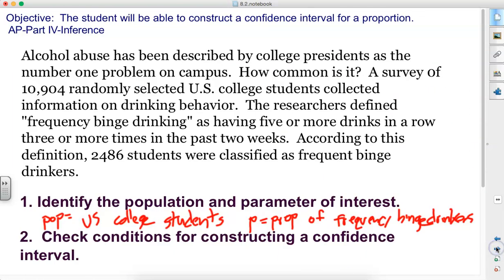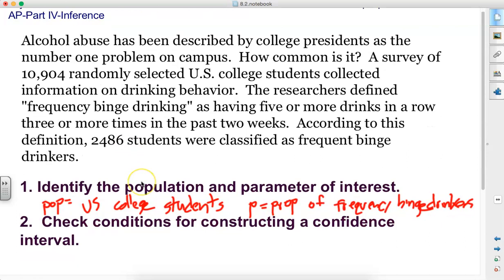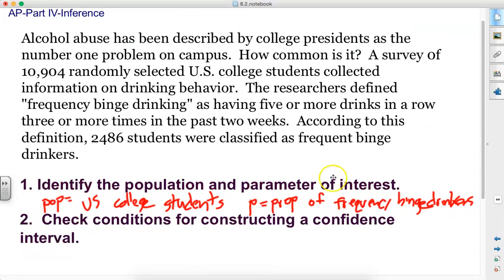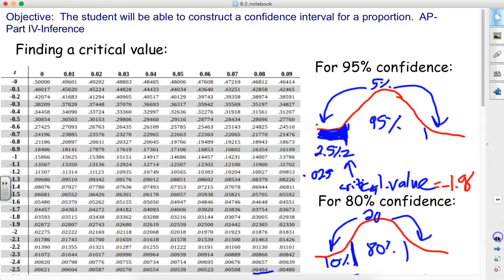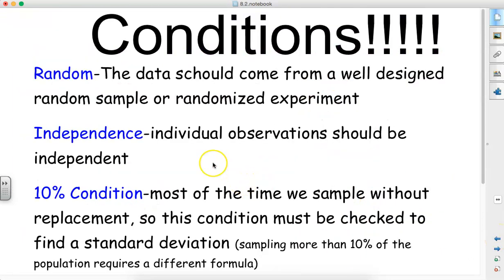We wouldn't really think that one student who says they drink would affect whether another student drinks or not. Maybe if you survey two people at once and one says they do, the other wants to look cool in front of their friends, so they say they do too. Technically they could affect each other, but we're assuming each answer is independent of the other. We can't factor in response bias as far as independence.